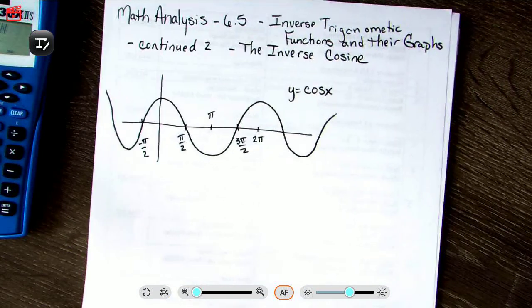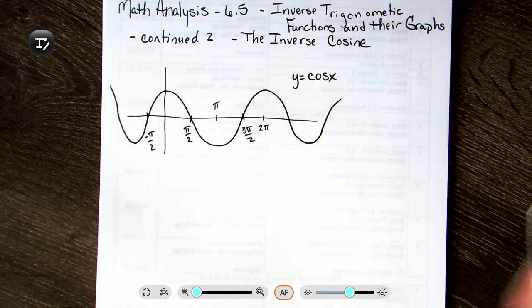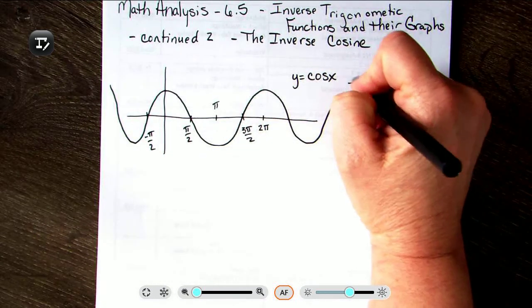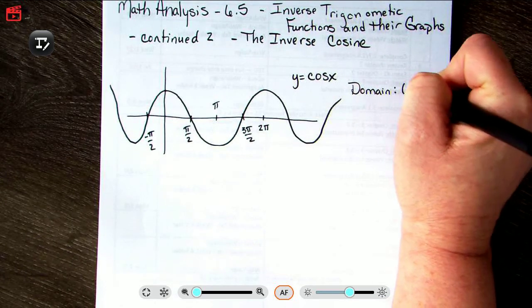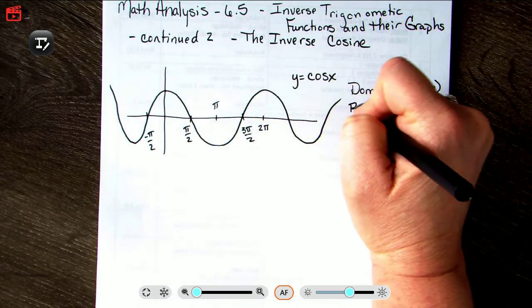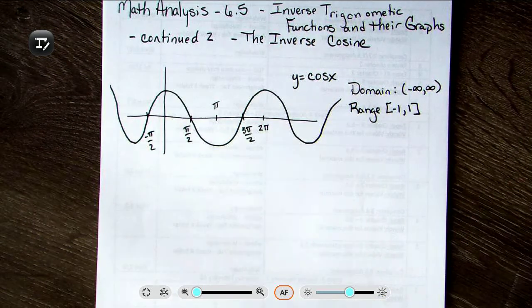And again, in order to talk about an inverse, we need to restrict where we look. So we're going to restrict this function. Again, we're looking for a section of the curve that covers the entire range, so we can make sure we get all of them in here. Just a reminder, to be complete, the domain of the cosine curve is negative infinity to infinity, our range, negative 1 to 1.